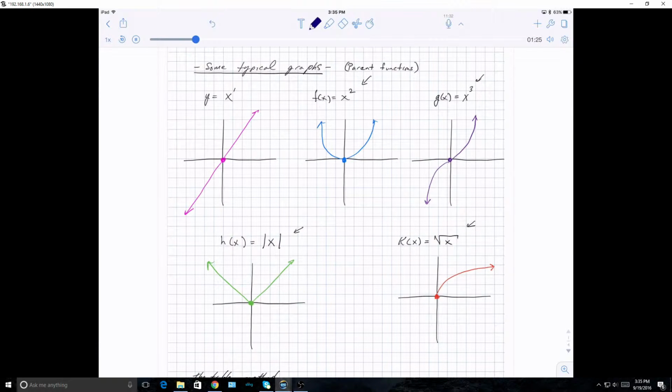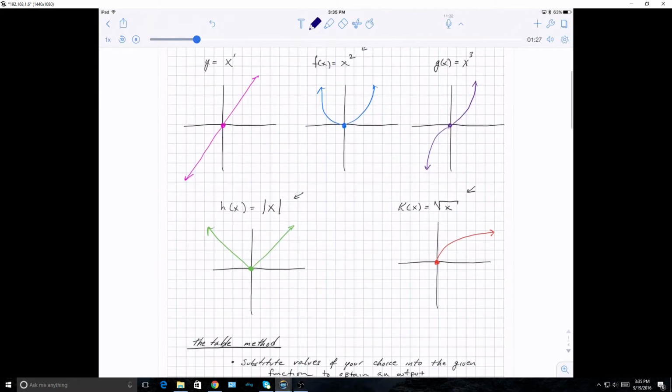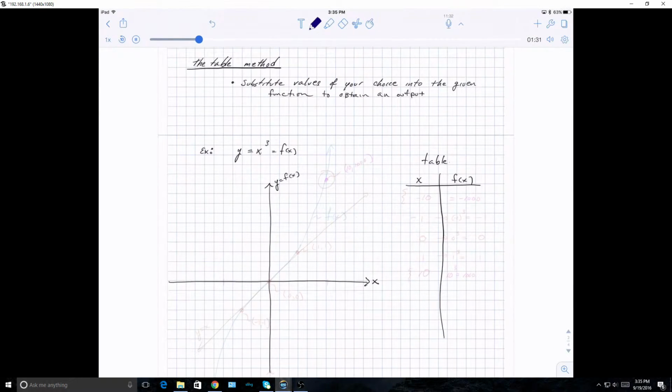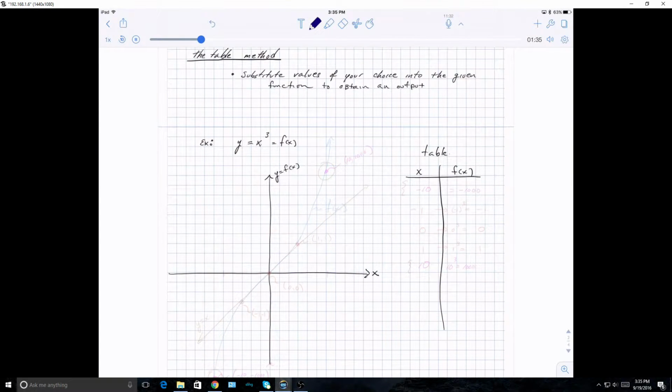So, one of my least favorite, and probably everybody's least favorite methods, is actually the table method. And that is this, that we're going to take some values here and do some substitution. So I'll use red. And I'm going to use some easy values here to graph this just to start. I'm going to leave a little room, but I'm going to start at -1.